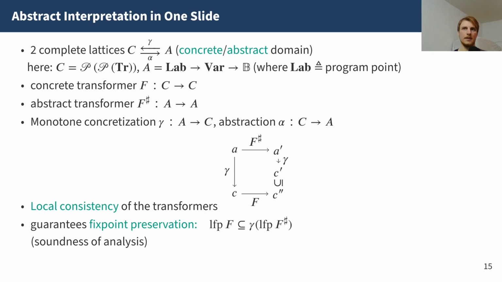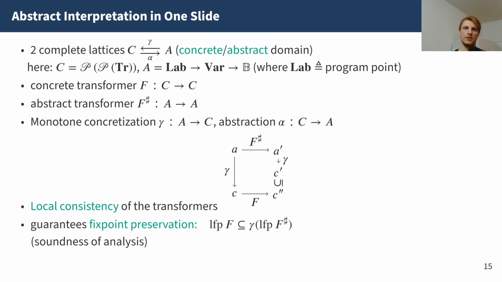This means that each fixed point of the abstract transformer is a sound over-approximation of concrete behaviors of the program. Thus, the analysis is sound. To summarize, abstract interpretation consists of an analysis lattice A, an abstract transformer F#, and a concretization function gamma. For soundness, we only need a proof of local consistency.